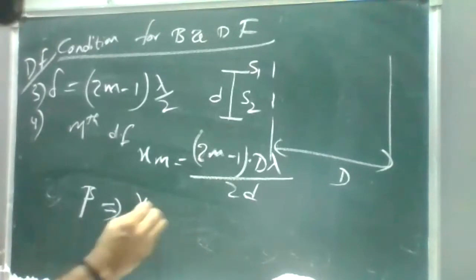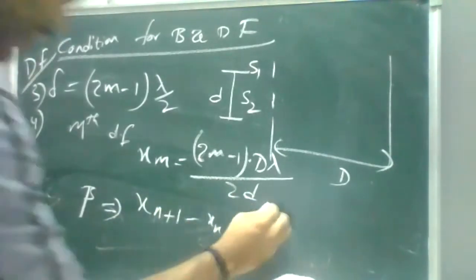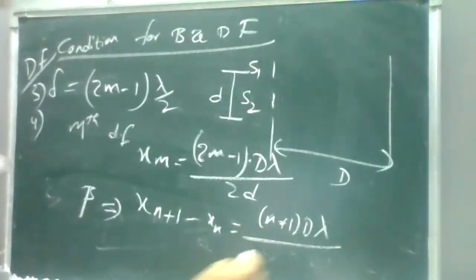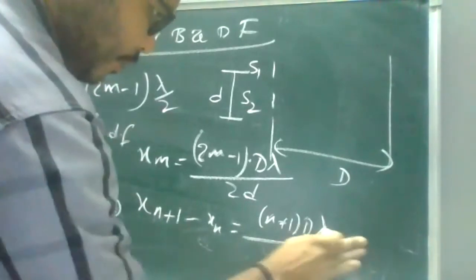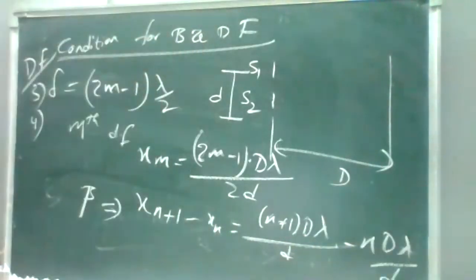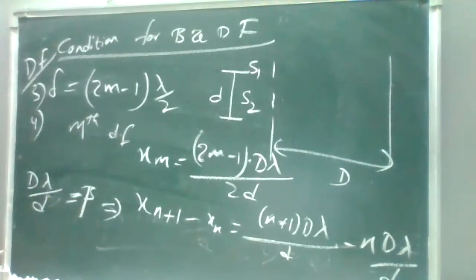So it is x(n plus 1) minus xn, which is (n plus 1) D lambda by small d minus n D lambda by small d. When you take the difference, beta is equal to D lambda by small d. This is your fringe width.